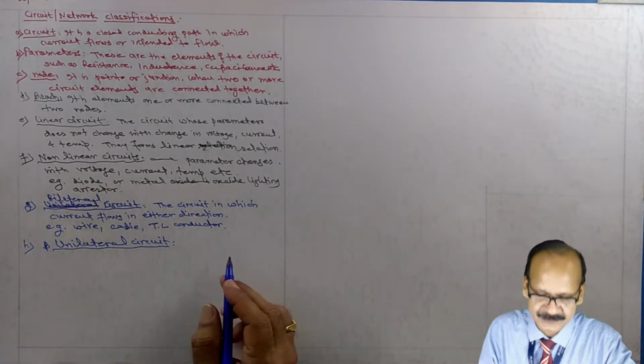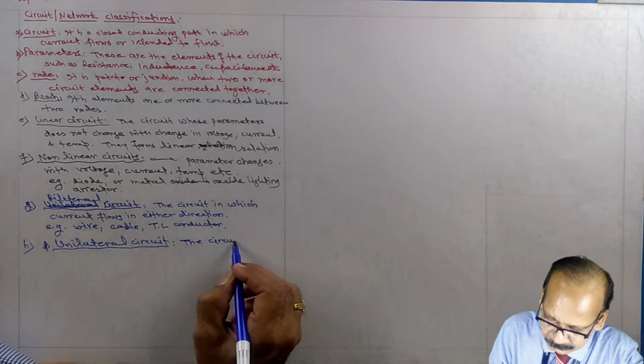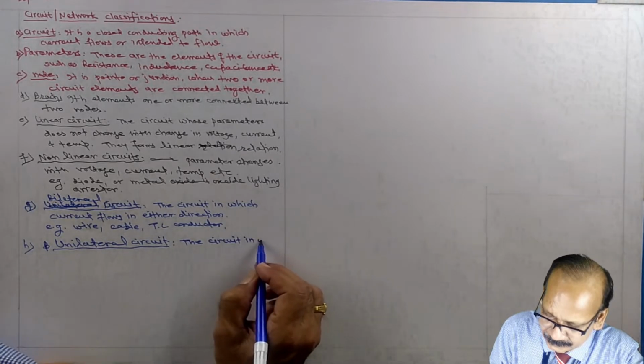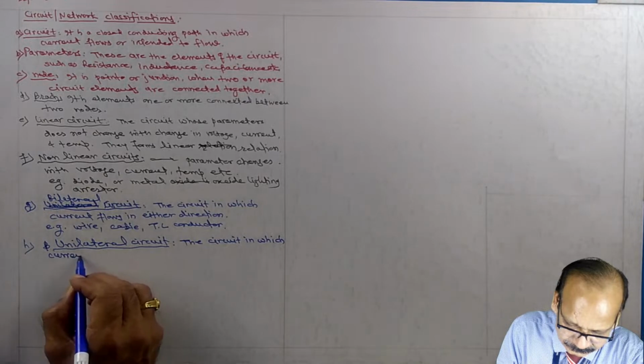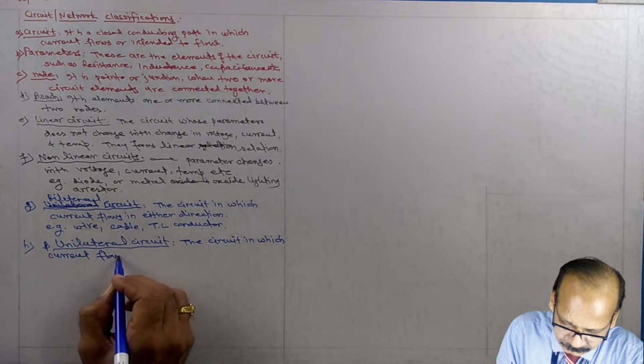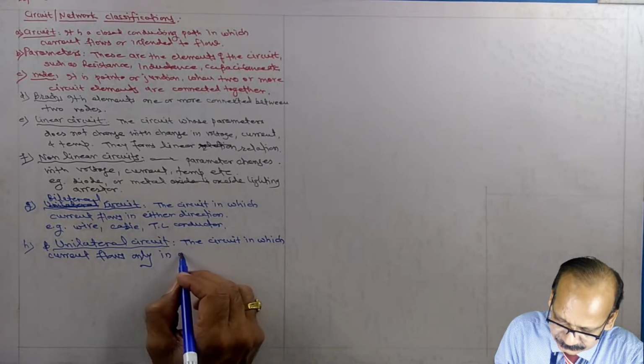Then the unilateral network is the circuit in which current flows only in one direction.